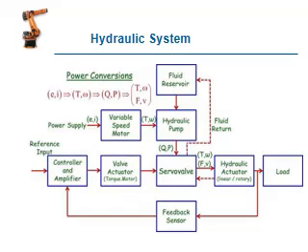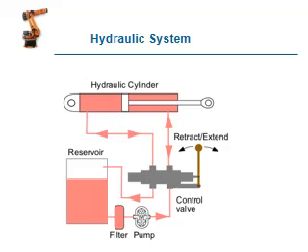This feedback is given to the controller. The controller compares the actual position with the planned one, and then gives a signal to the servo valve through the valve actuator. So the whole system runs by these components. This is the hydraulic system working principle.